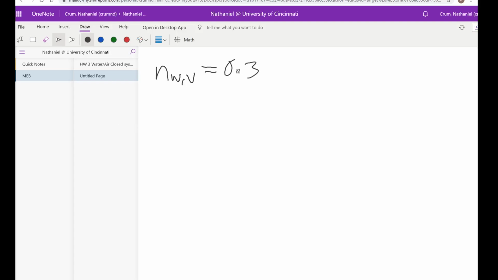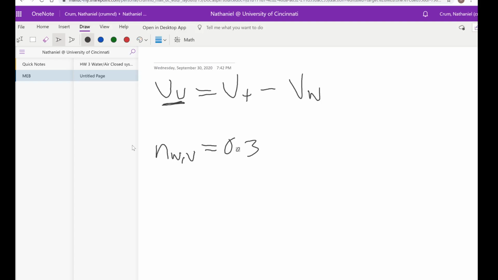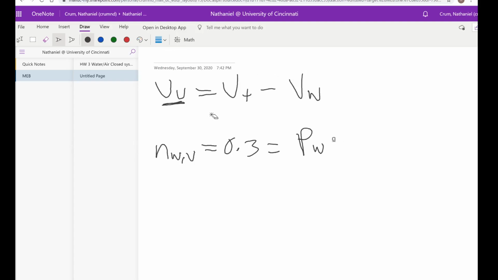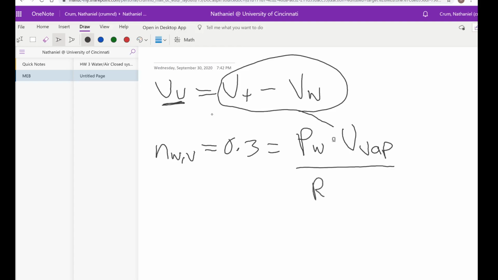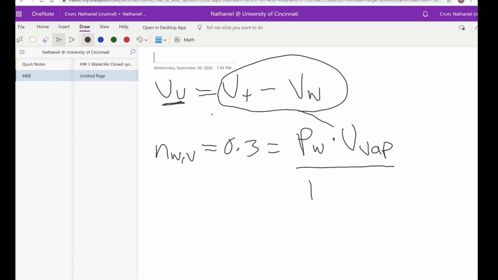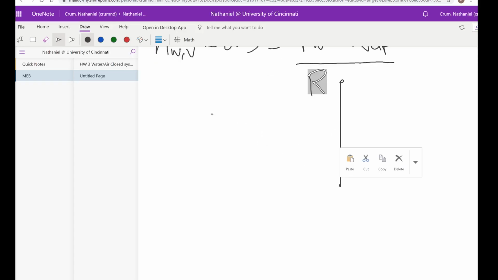So remember that that was 0.3 from the initial problem. And we know that from the PV equals nRT equation, this has to equal the pressure of water times the volume in the vapor phase, which is this right here, and then that has to be divided by the R gas constant multiplied by the final temperature.